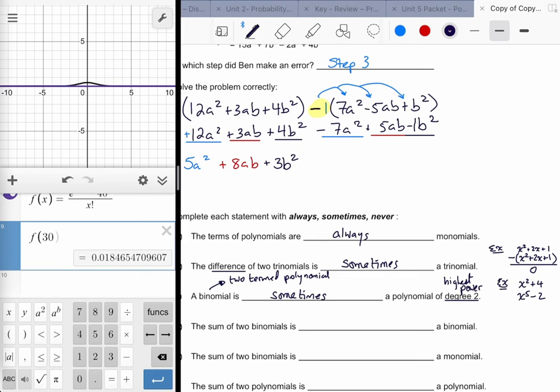The sum of two binomials is blank a binomial. That's also a sometimes. For example, along the lines of the second one, if I have x squared plus 4 and I add to that a negative x squared minus 4, the result would not be a binomial.